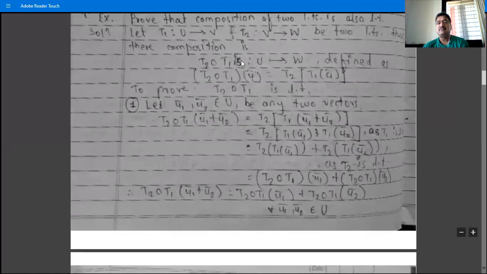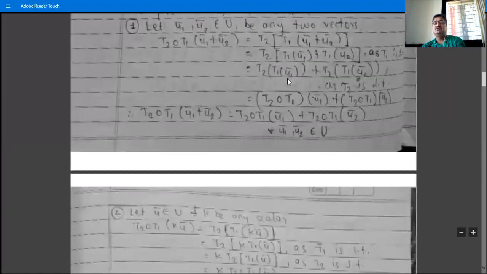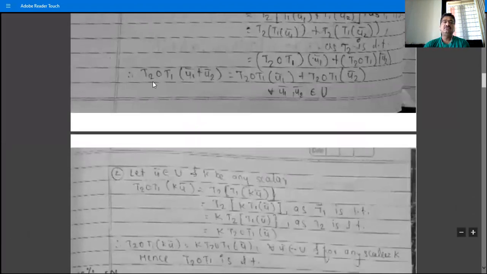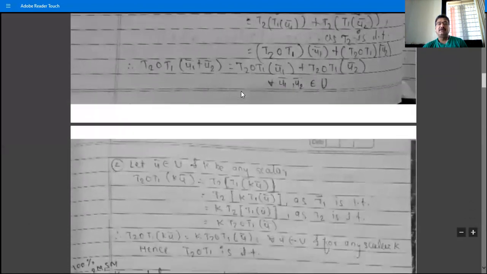So T2 circle T1 U1 bar and T2 circle T1 U2 bar, and therefore T2 circle T1 of (U1 plus U2) is T2 circle T1 U1 plus T2 circle T1 U2 for all U1 and U2 belonging to U. This is the first property of linear transformation.